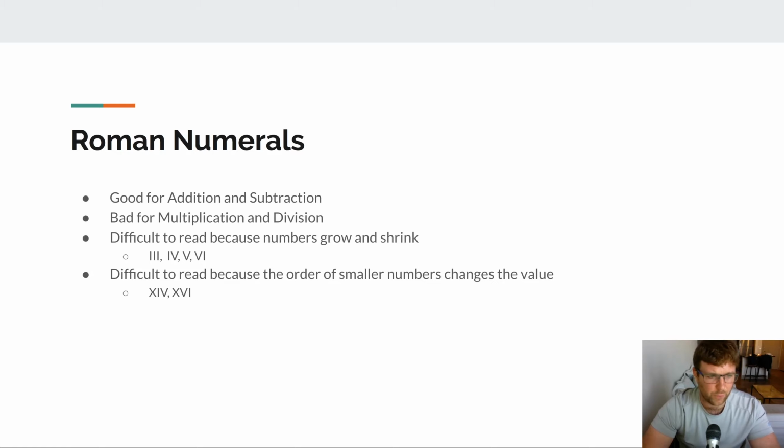It's also difficult to read, partly because we're not familiar with it, but also the order of the number changes the value, and maybe in kind of unexpected ways. So the numbers XIV and XVI, the only difference is that one I, and just depending on that position, it changes the number.